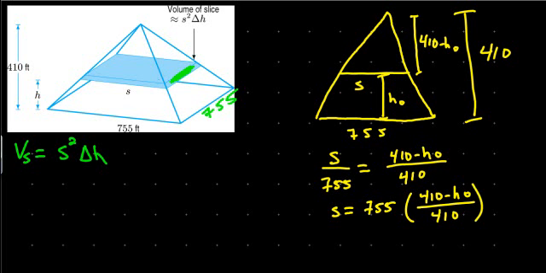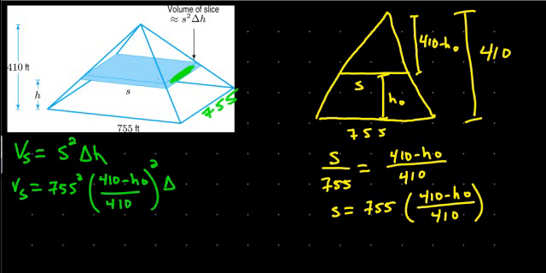And so I get over here that my volume equals s squared, which is this. It's going to be 755 squared times (410 minus h naught) divided by 410, squared, delta h. Okay? And so that is this one slice.